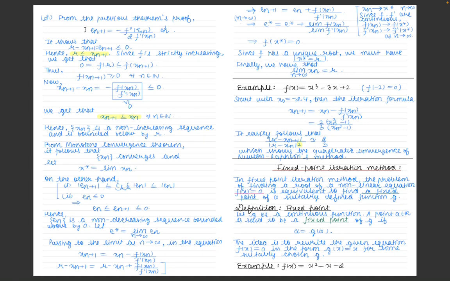And because f of r is 0, this gives us that f of x n plus 1 is greater than or equal to 0 for all n in N.